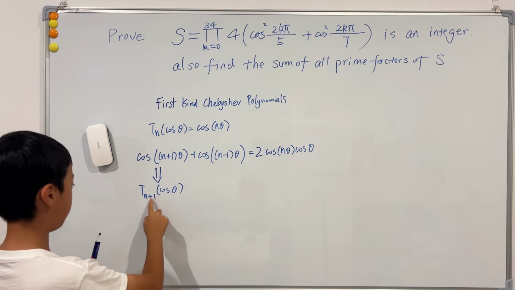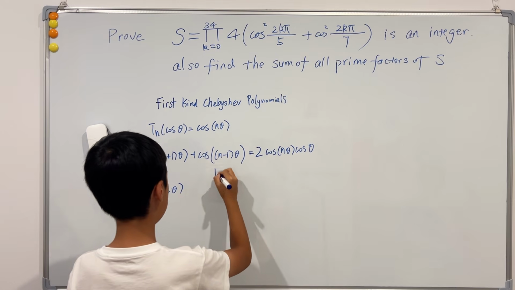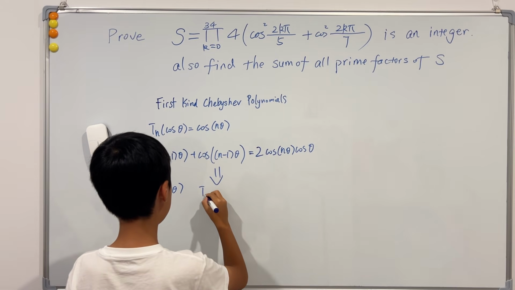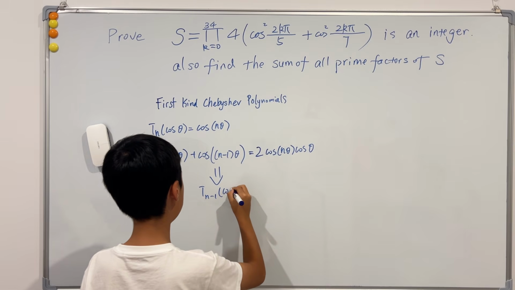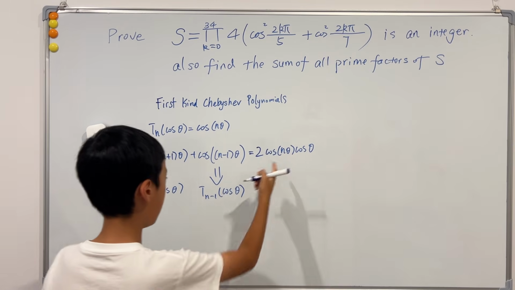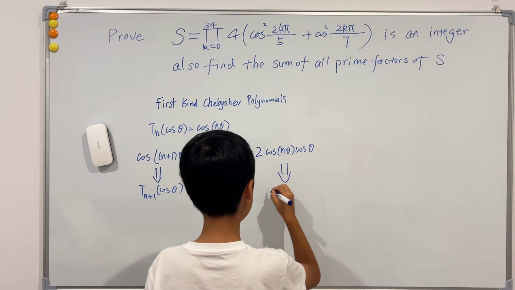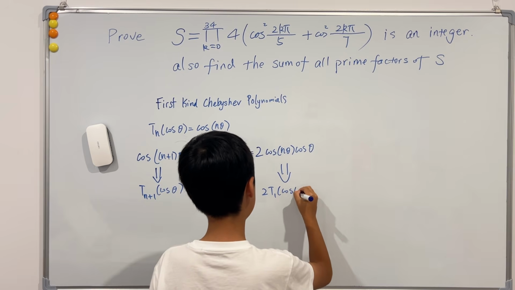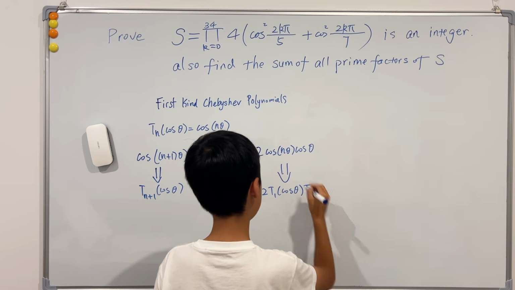Because it will be cosine of n plus 1 theta. This term will be Tn minus 1 of cosine theta. And this will be 2 times T1 of cosine theta times Tn of cosine theta.